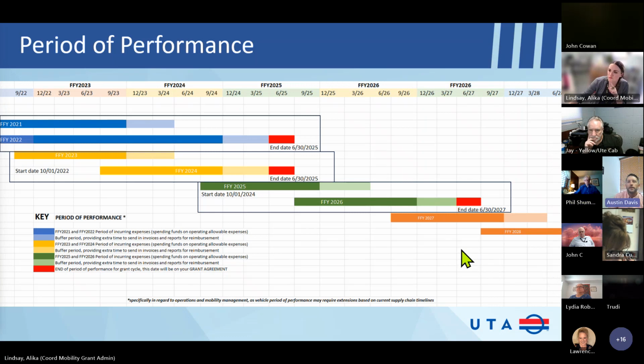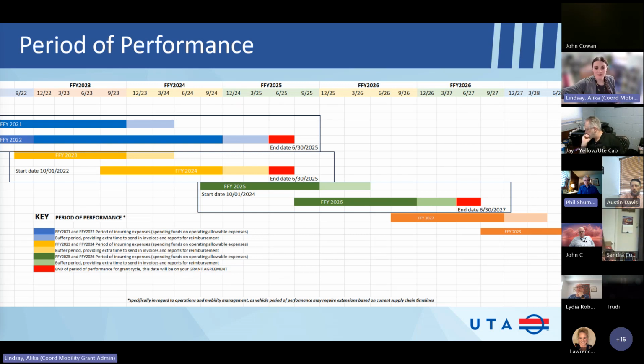Well, because the federal fiscal year 2025 starts in like 6 months. Right, so it's the same. You'll apply for your grant in 2026, but you will backdate your receipts for operations to October 1st, 2024, the start of that federal fiscal year.